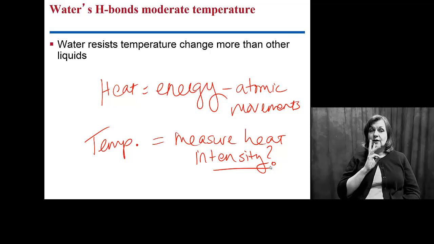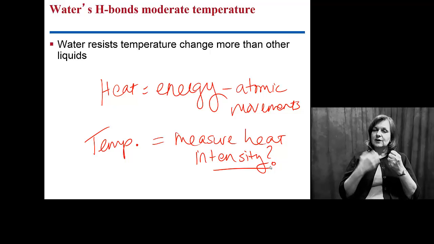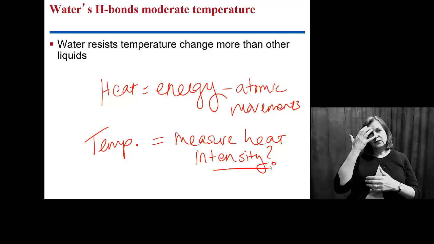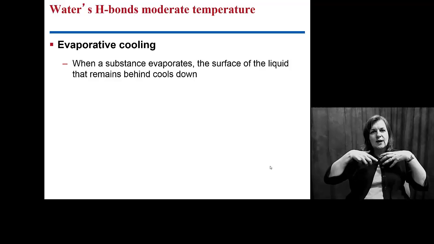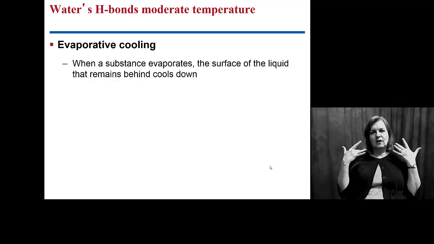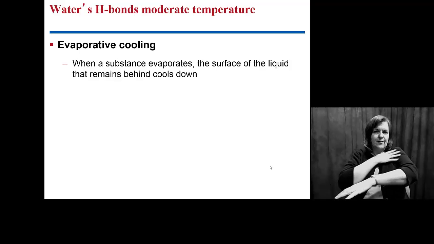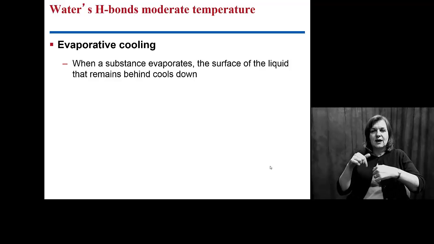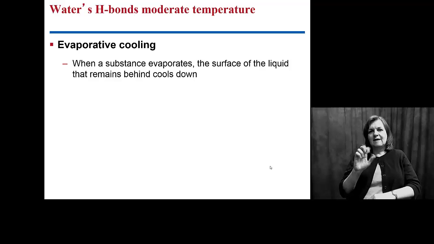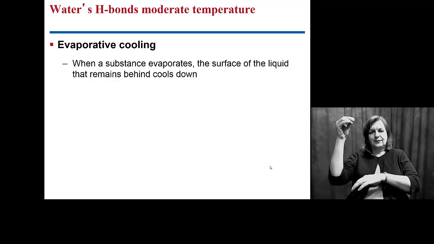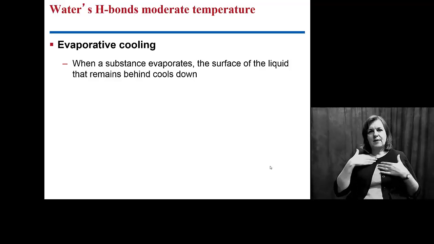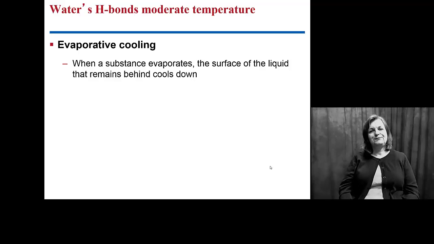So we have to actually look at the fact that water holds a tremendous amount of heat. And that's actually why when you sweat, you cool down. So you're sweating, water moisture collects on your skin, and as that water evaporates, it actually is taking heat with it from your body. That's pretty cool.